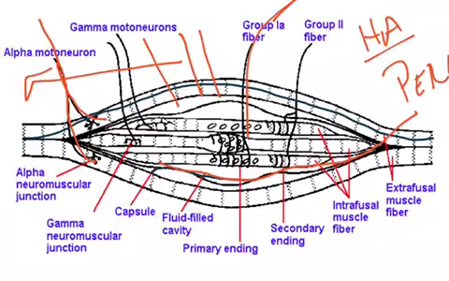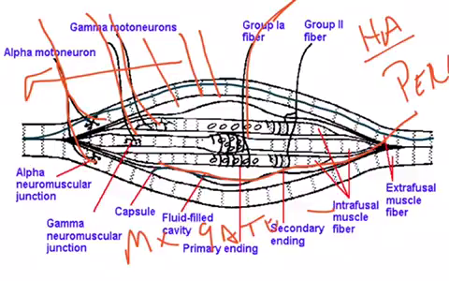At the same time, we have coactivation of gamma fibers. We'll talk about the gamma fiber influence in just a second. But the key to remember is for the muscle spindle to operate, it needs to stretch to open up these mechanically gated ion channels. And these are mechanically gated, so they have to open due to stretch.